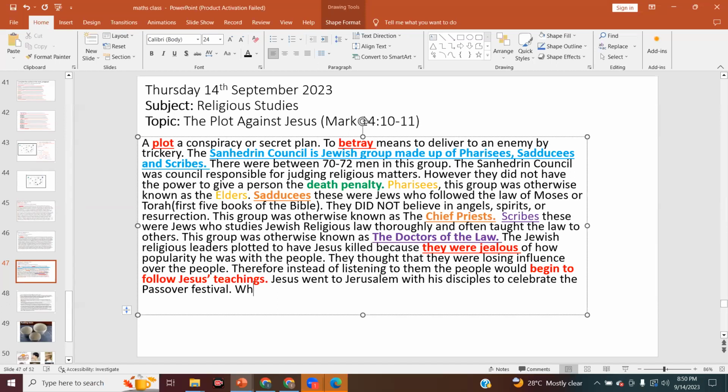While he was there, the scribes and chief priests came up with a plot, a secret plan. They did it in secret because they didn't want the people to start a riot.